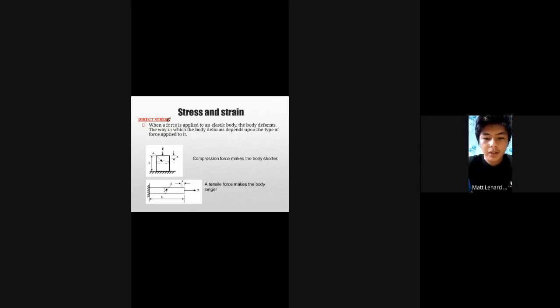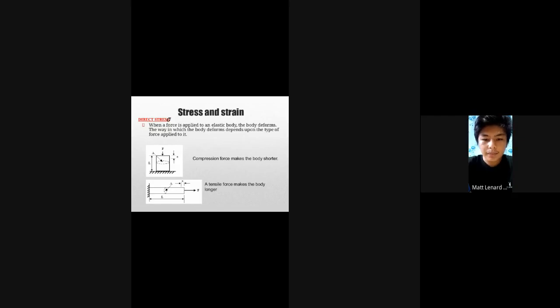In direct stress, tensile force makes the body longer. The difference between them is that compression makes the material shorter, but under tensile load the material can be elongated or made longer.